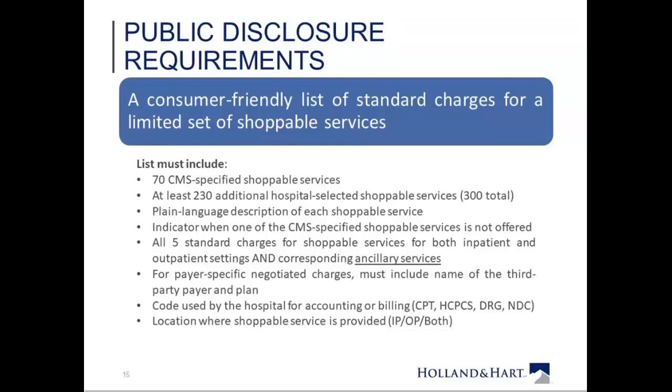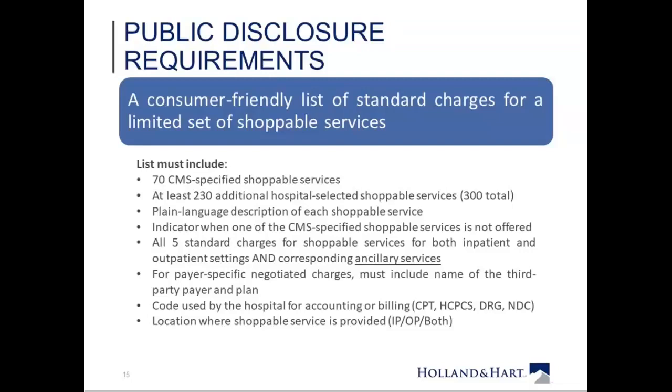The list must also include a plain language description of the shoppable service. Again, as I mentioned, an indicator when one of those CMS-specified services is not offered. It must include all 5 standard charges for both inpatient and outpatient settings, and corresponding ancillary services and the charges for those.